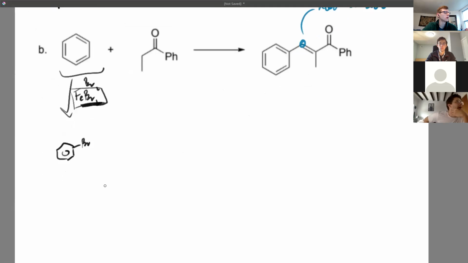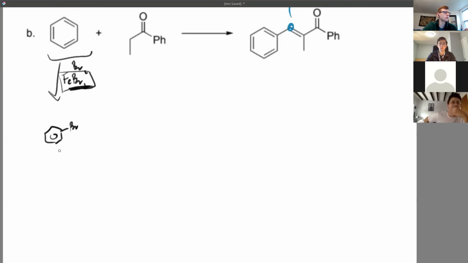And then I always forget what these things are called, but it's like an aldehyde on both sides. Formaldehyde? There it is. So if we used formaldehyde, then we would end up having a primary alcohol there.